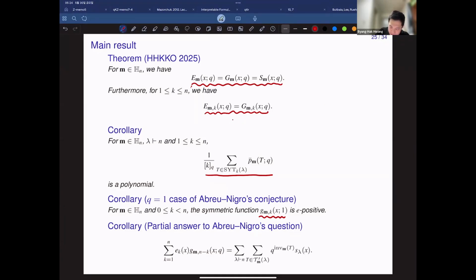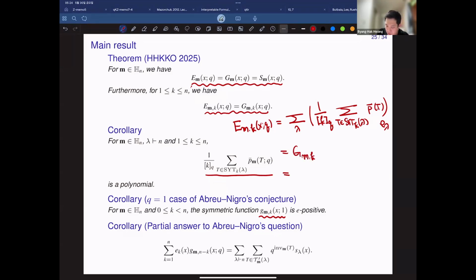Let's see. Okay, this E sub mk of x, q is by definition a sum over k, q, and T in SYT sub k of lambda, and P bar T E lambda is equal to G sub mk, which is given by e sub k times g sub m sub n minus k of x, q.